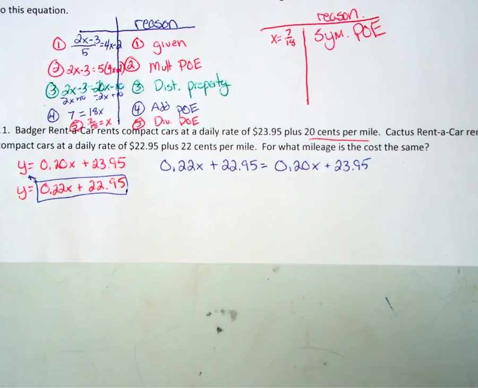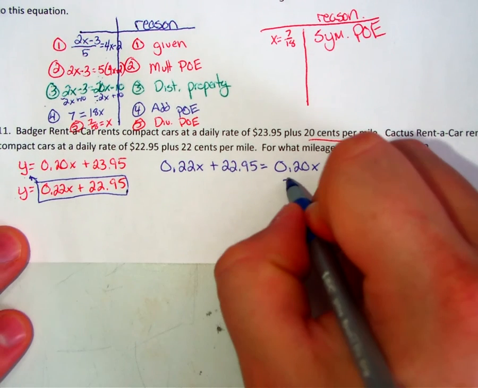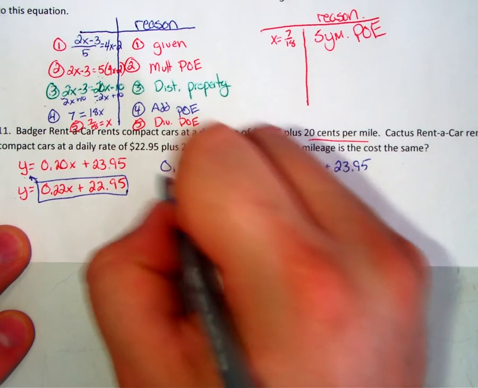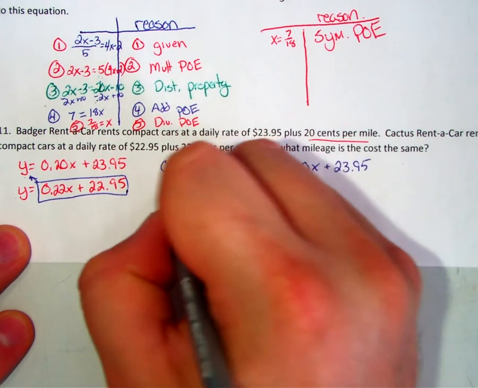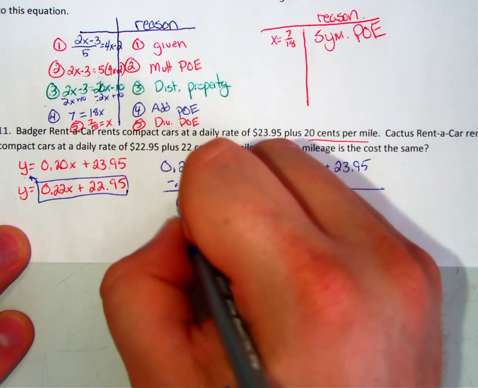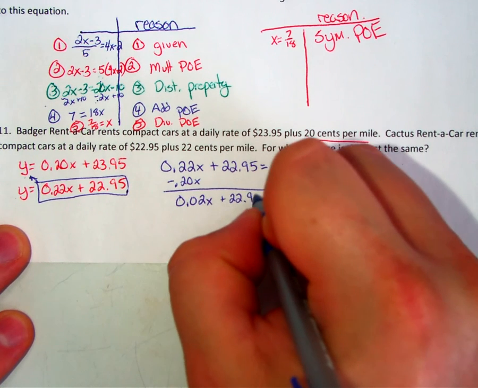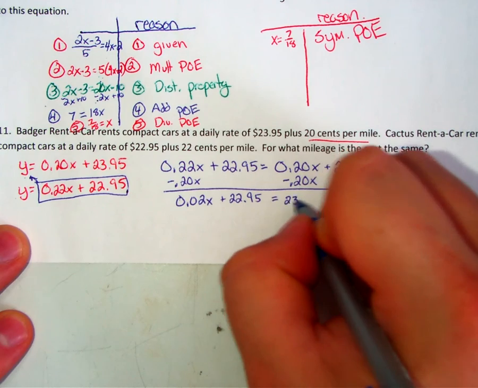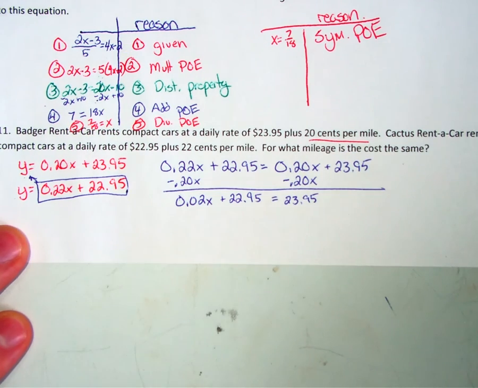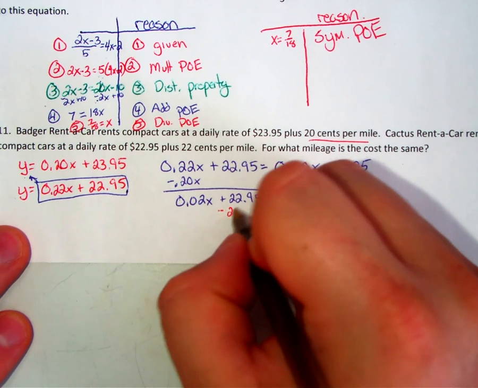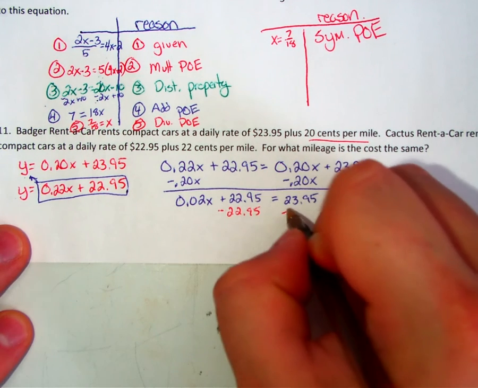And so we want to get x's on one side, so we'll subtract 0.20x from 0.22x. And we end up with 0.02x plus 22.95 is equal to 23.95, where I will subtract 22.95 from both sides.